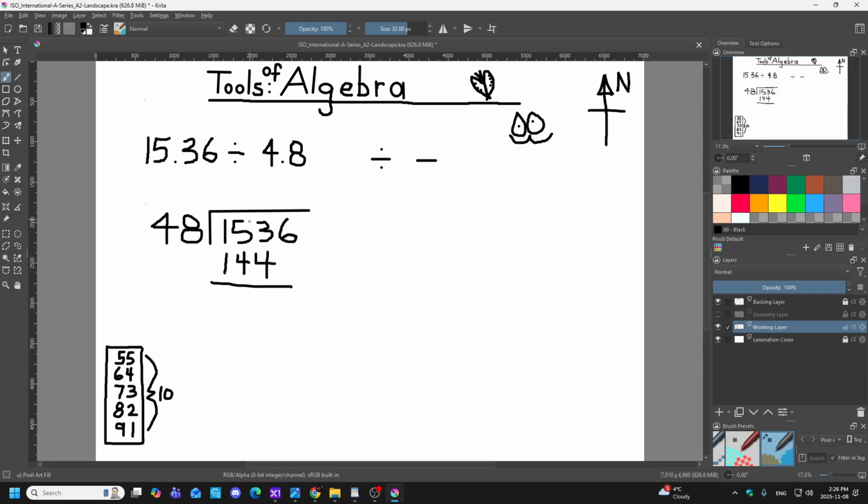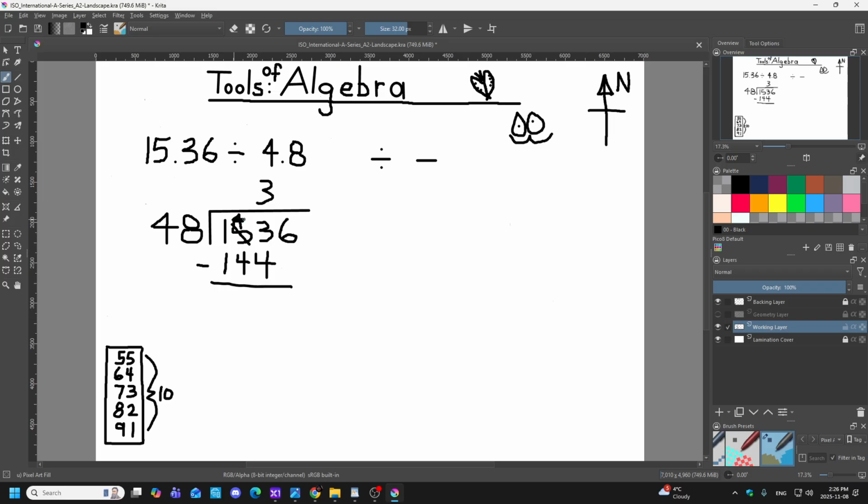Put the 3 right here. 48 times 3 is 144. With division is subtraction. Because 3 is less than 4, we always want this number to be larger than the lower number. If it's not, then we must borrow.